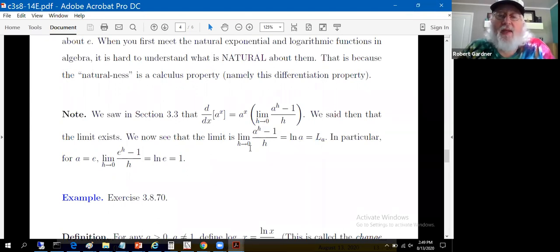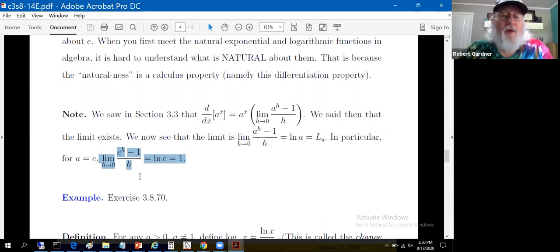We could maybe plug in a equals e, and we know the natural log of e is 1, to get a funny little limit. The limit as h approaches 0 of e to the h minus 1 over h equals 1. Because I know that limit's going to be the natural log of a. So if a is e, natural log of e is 1. There's a funny little limit property.